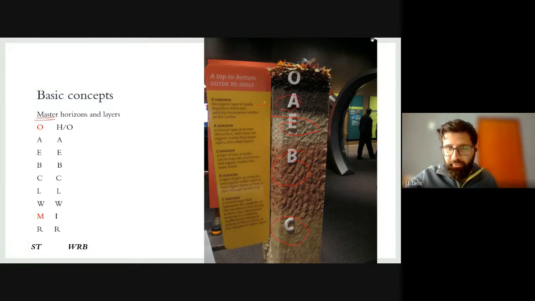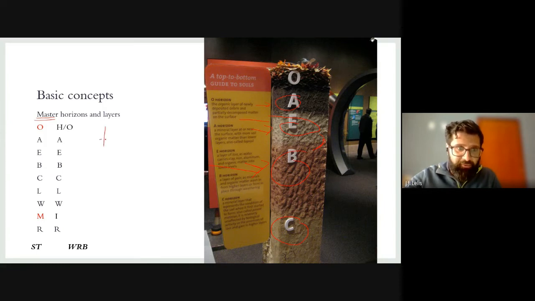This is a master horizon, this is a master horizon, and this is one of them. But in some regions, we can identify horizons that have properties of two horizons at the same time.